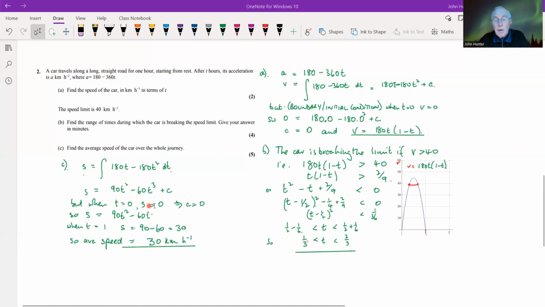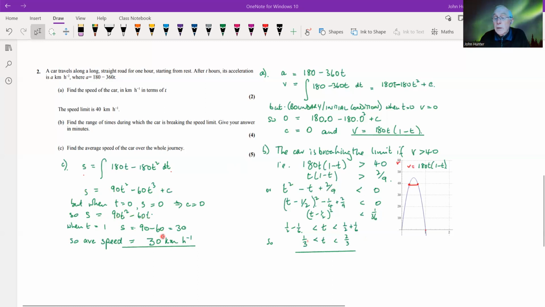It's t equals 0, s equals 0. At time t equals 0, the displacement is 0. And when we substitute it in here, it's going to give us c equals 0. So our specific solution is s equals 90t squared minus 60t cubed.